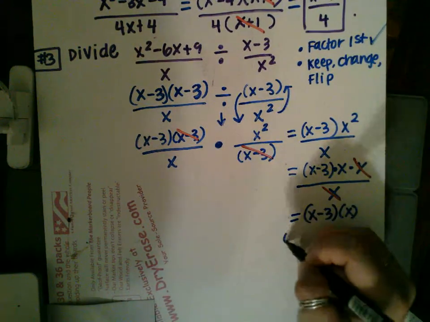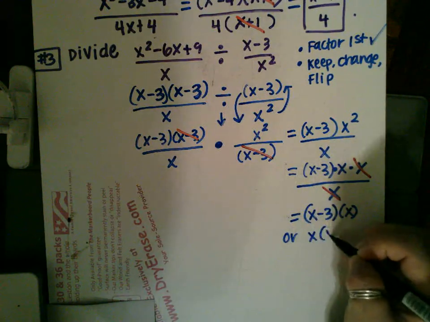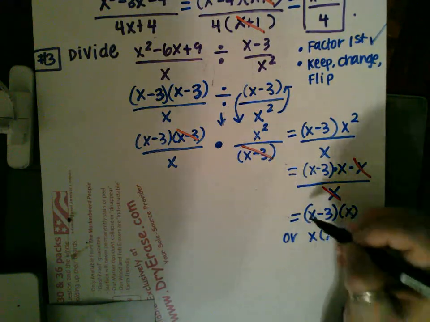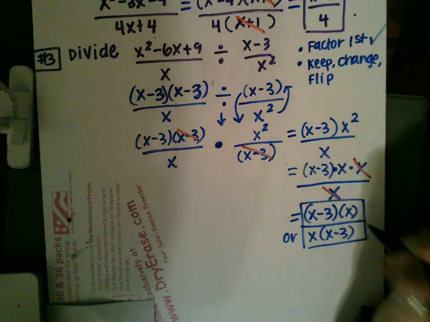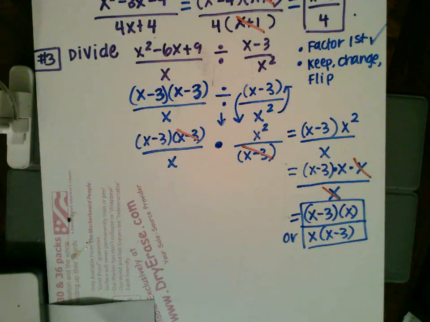Or you could rewrite it as x times x minus 3. The order does not matter, because we know 1 times 2 is the same as 2 times 1. Cool.